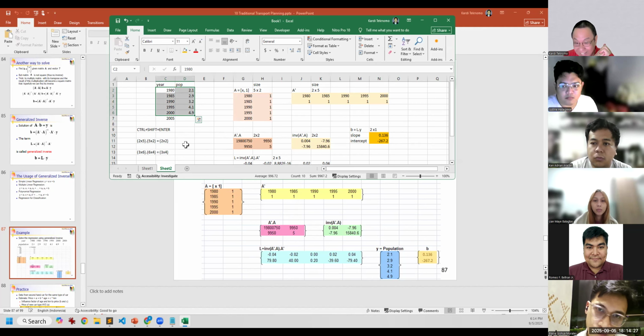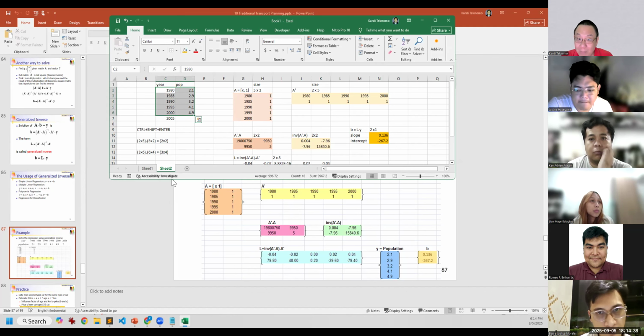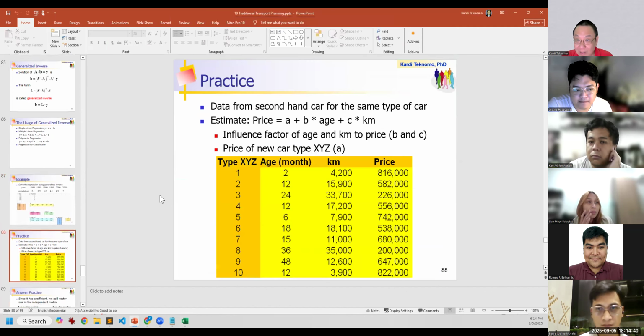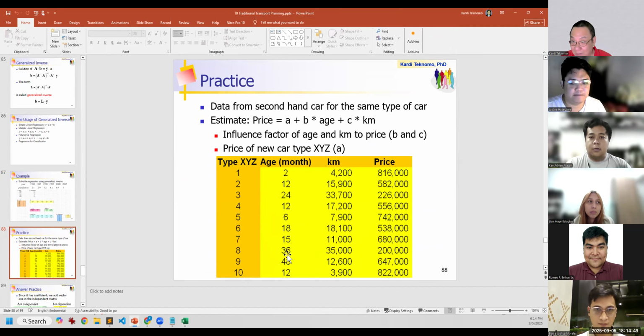Okay. Is this clear or not? Okay, so I'll give you time to practice this one. Can you just type this data? It's only 10 by 3.